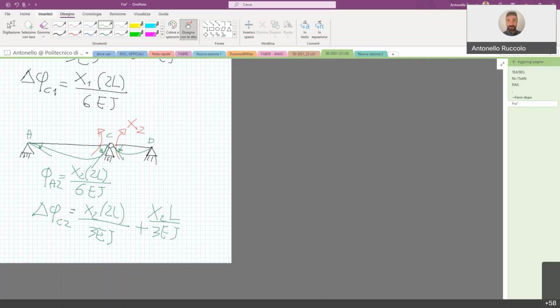Because the smaller the beam, the stiffer it is. It is intuitive. Okay, so the sum is x2 times L over 3 E iota times (2 plus 1). So it is x2 times L over E iota.